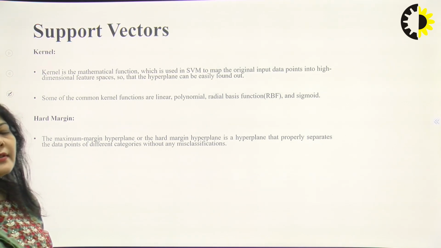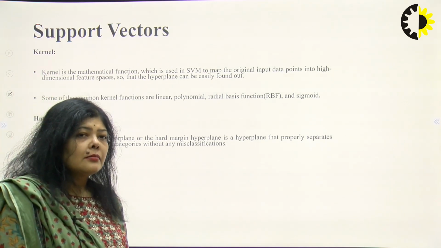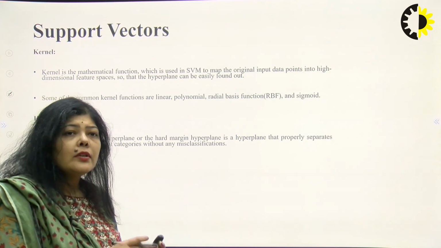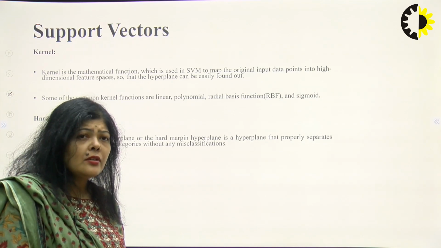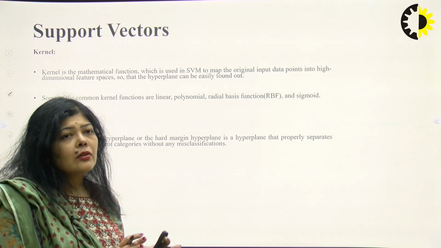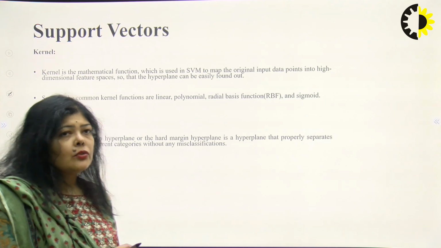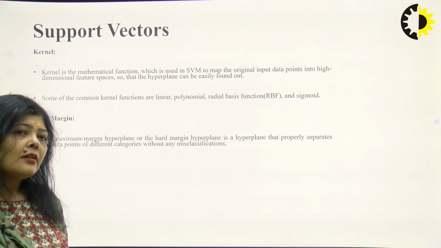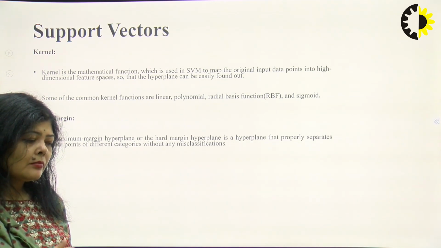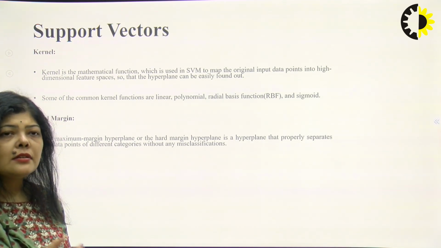The hard margin clearly separates all the classes present in your data set, and there are no misclassifications. That type of hyperplane that perfectly divides the classes is called a hard margin.